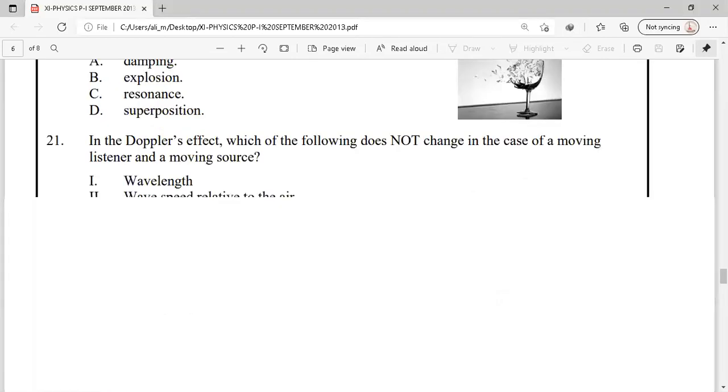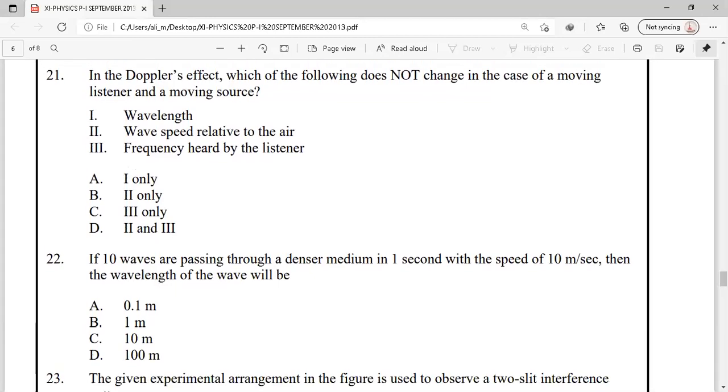Let's quickly move to our next question. In the Doppler effect, which of the following does not change in the case of a moving listener and a moving source? We have three characteristics of sound related by v = λf.